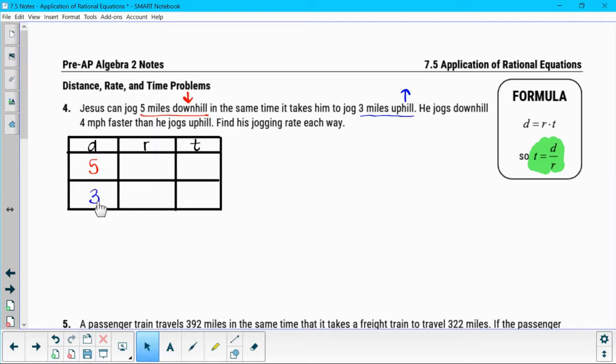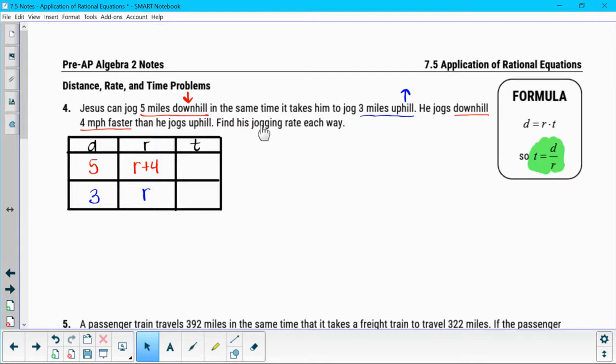So I have 2. He jogs downhill 4 miles per hour faster than he jogs uphill. So I'm going to call his rate when he's jogging downhill r plus 4, and I'm going to call his rate when he's jogging uphill r.